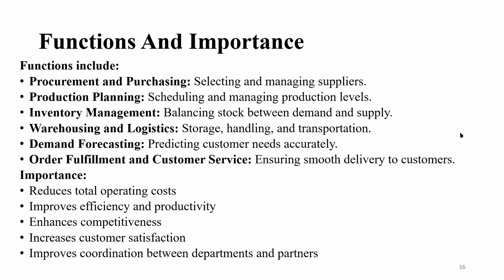It's a waste of cost for me. The balance of 90 products involves all your labor cost, your manufacturing, your machinery, everything costs, so your forecasting should be done properly. And order fulfillment and customer service: ensuring smooth delivery to the customers, that the product is delivered at the right time, to the right customer, with the right quality and the right price.